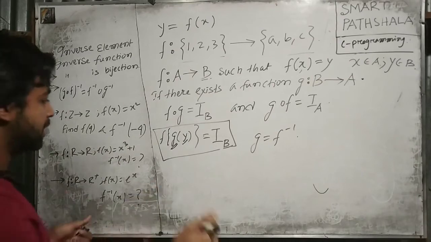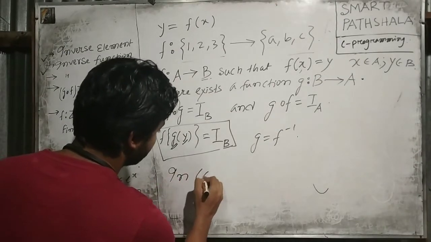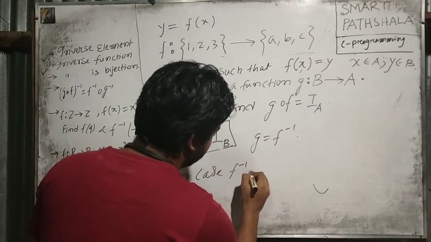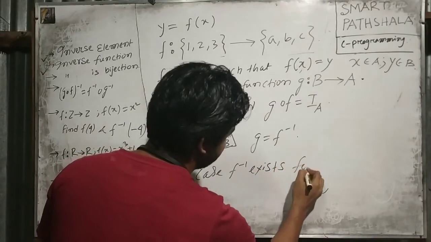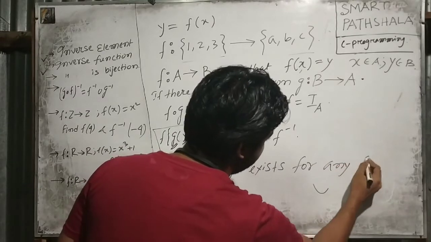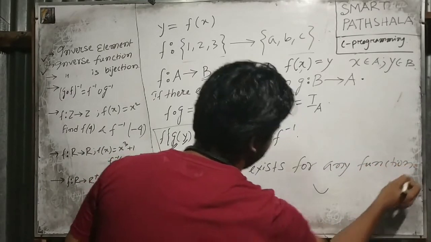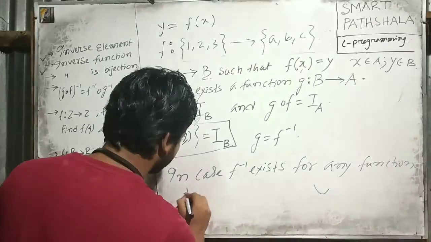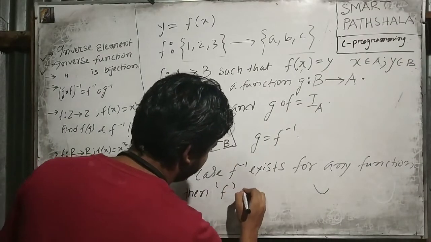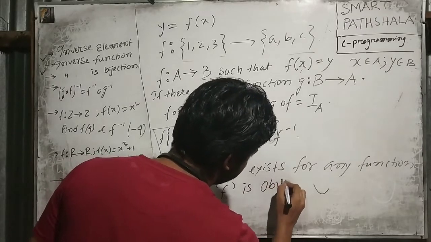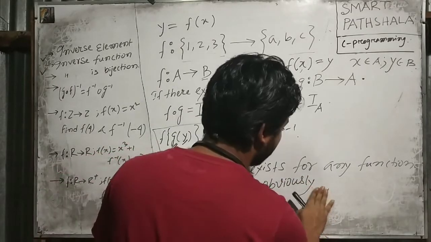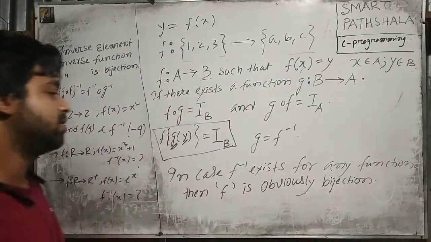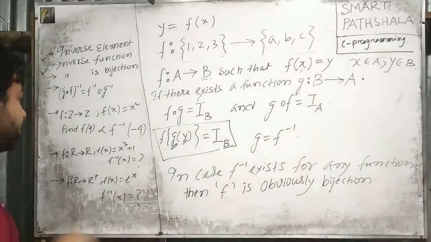Now another thing is that in case f inverse exists for any function, then f is obviously a bijection. Bijection means bijective function, or you can call it one-one onto mapping.